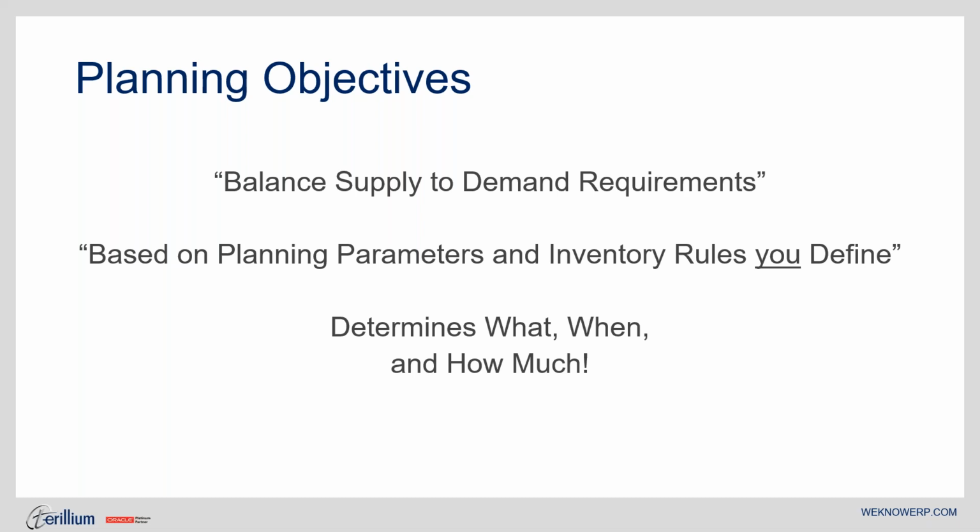So how are your inventory items set up? What do your category codes and planning parameters, lead times look like? And then obviously, what does my inventory look like? Whether it's open work orders, open purchase orders, safety stocks, all of those pieces. And it's determining what you should buy, when you should buy it, and how much, okay?